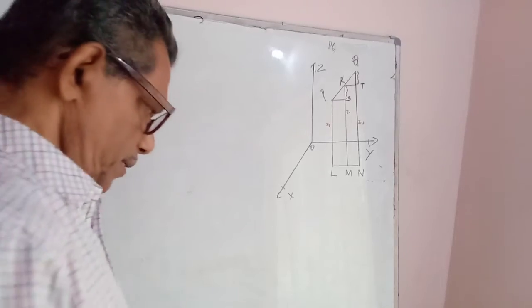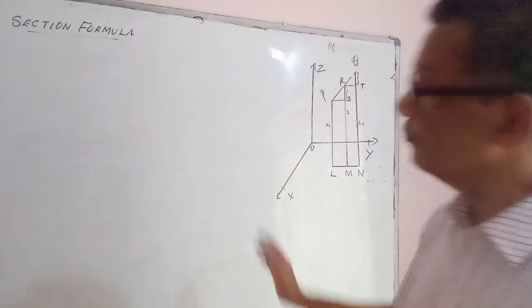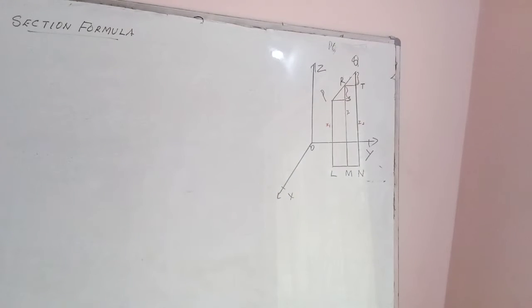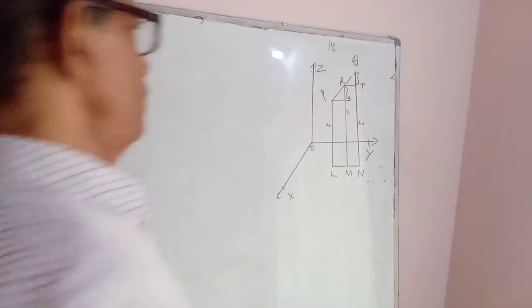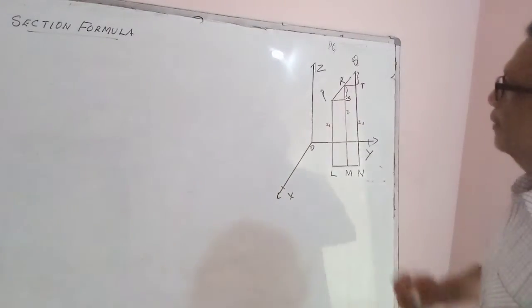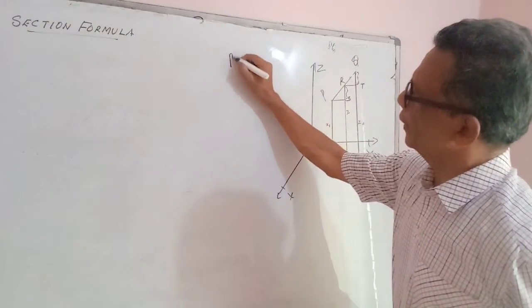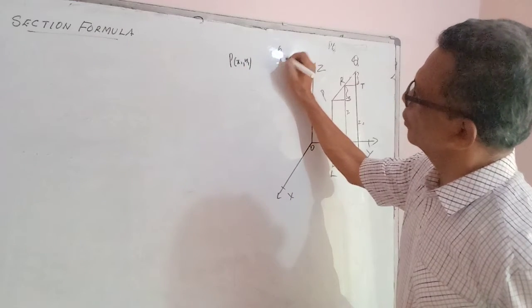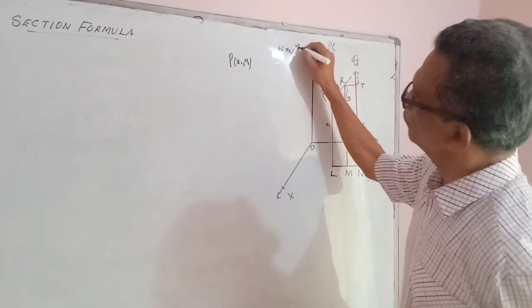We have to study the section formula. You have studied the section formula in two-dimensional geometry. There, P is (x1, y1), Q is (x2, y2).